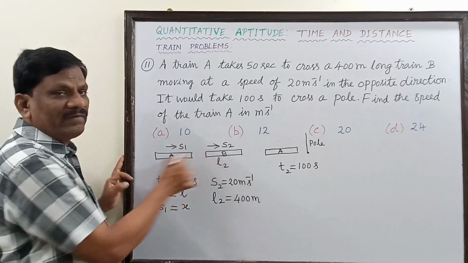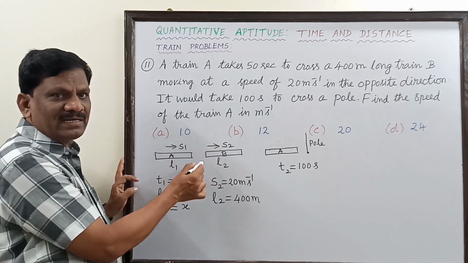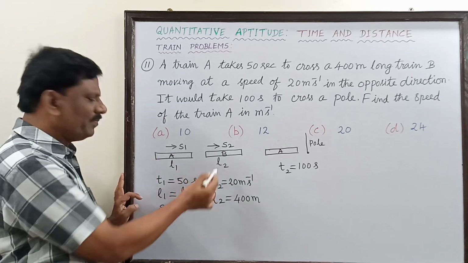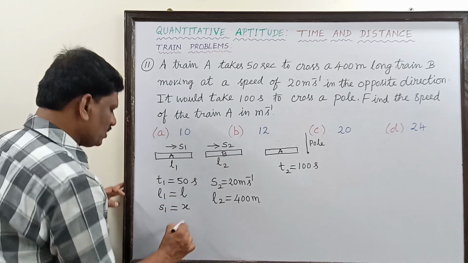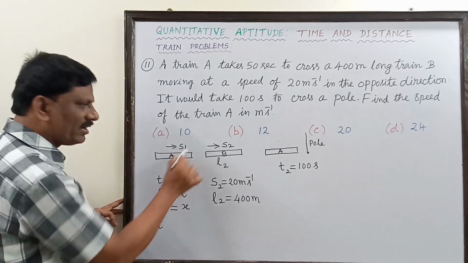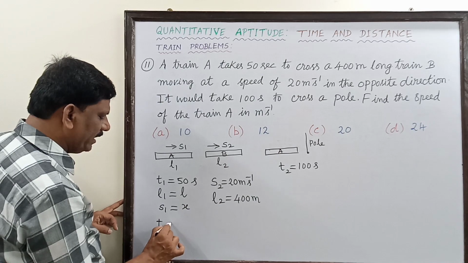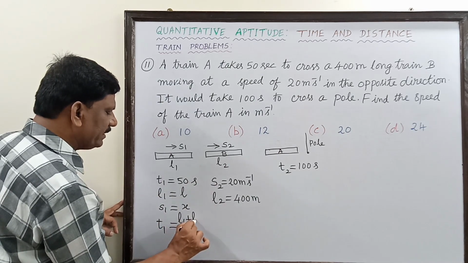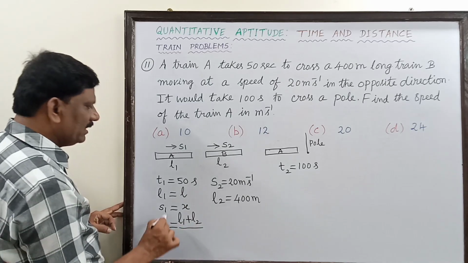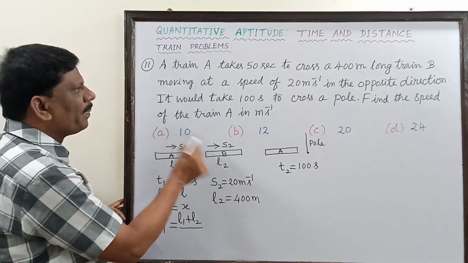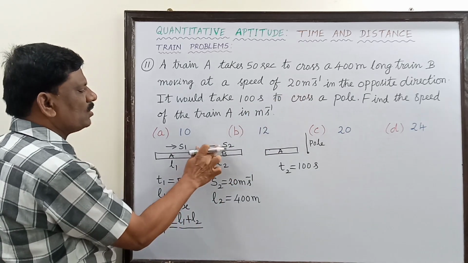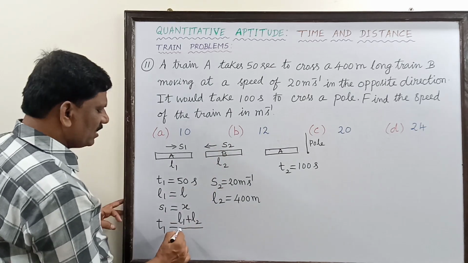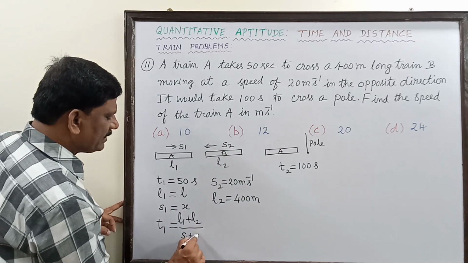So this is case 1 where one train is overtaking the other train. The total length covered must be equal to L1 plus L2, in a time equal to 50 seconds. So I will write the equation for case 1. Time taken T1 must be equal to the total length L1 plus L2 divided by the relative speed. Both trains are in opposite directions, so I will change the sign: S1 plus S2.